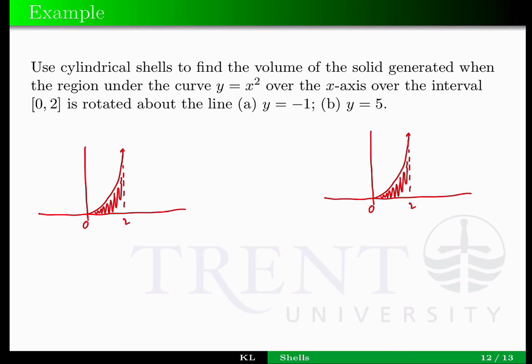So for the first one, line y equals -1, so we will have this axis of revolution, y equals -1. Cylindrical shells, so we have to use horizontal strips because the axis of revolution is horizontal.